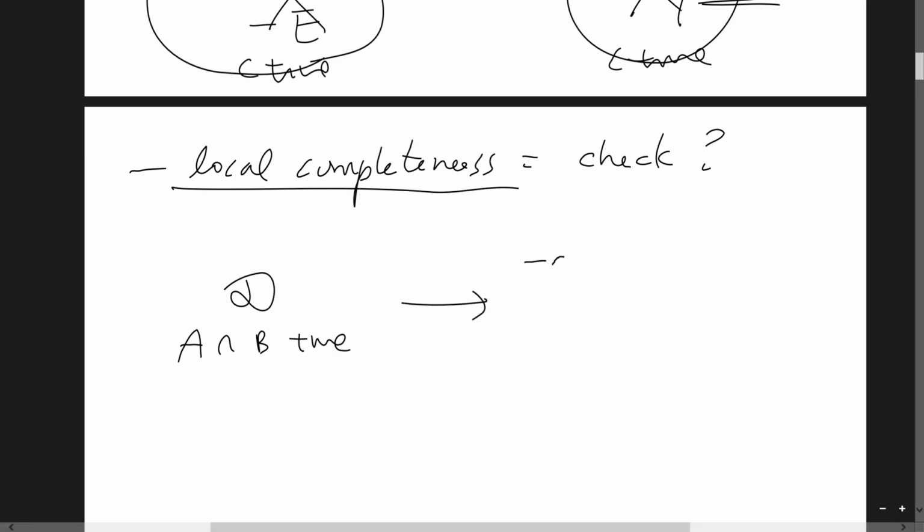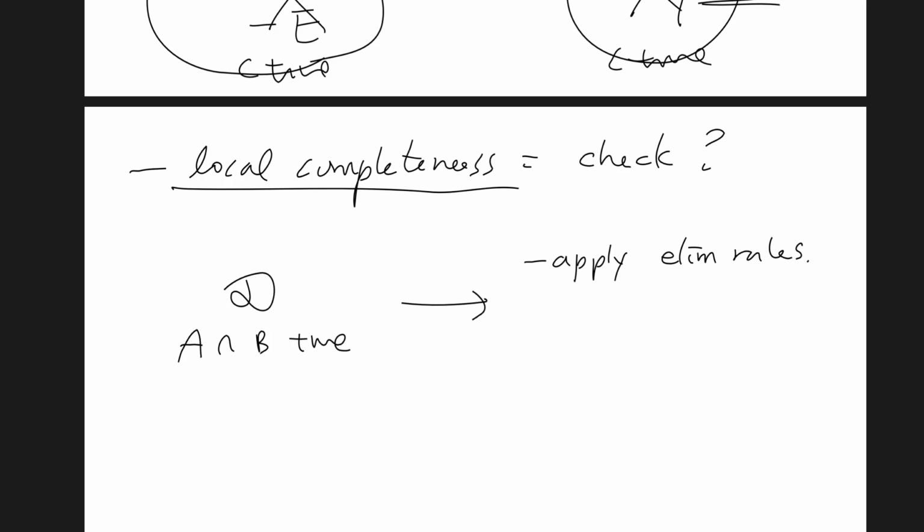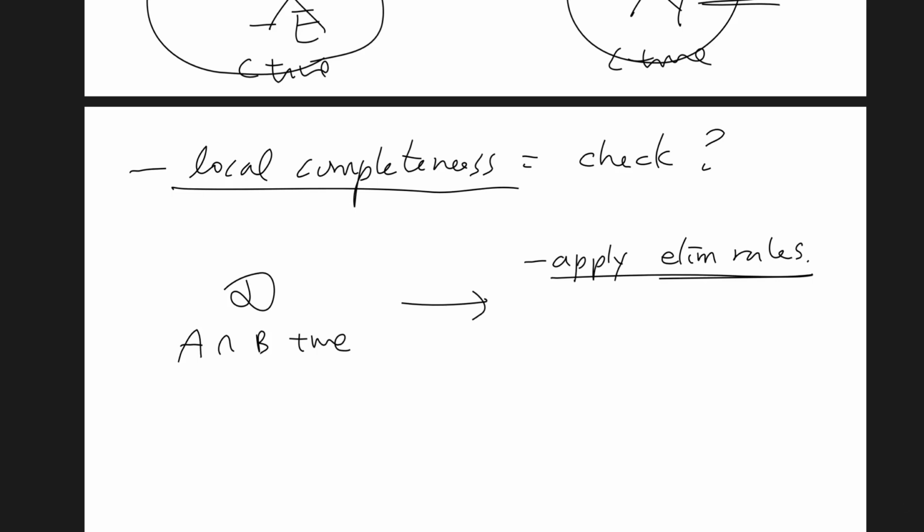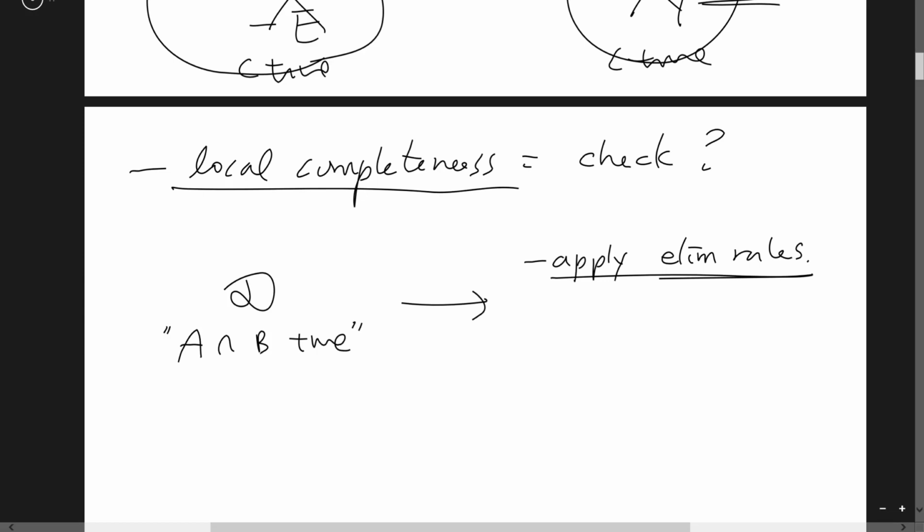And we apply elimination rules as many times as you like, in whatever order you like. In other words, we apply these elimination rules to extract as much information as we can out of this A conjunction B true. And then you apply the corresponding introduction rule in order to rebuild the same judgment.